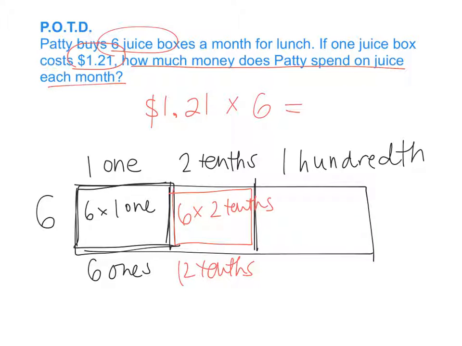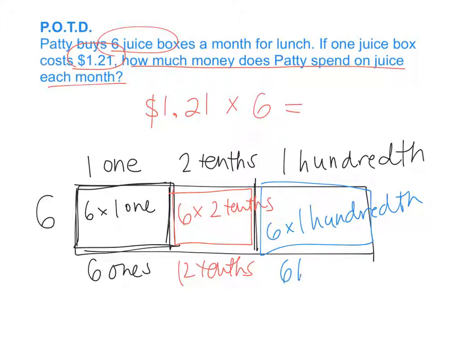Okay, and then the area of this third piece of tape over here is 6 times 100th, otherwise known as what, Arun? 600ths.